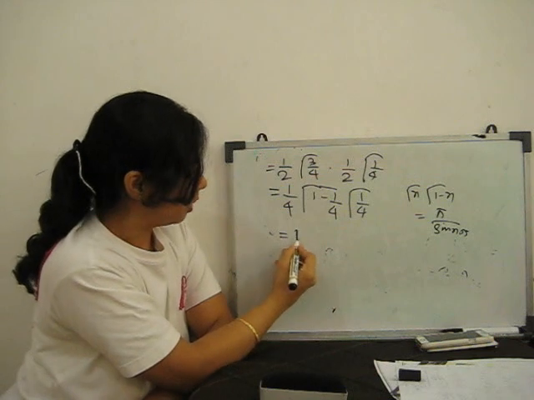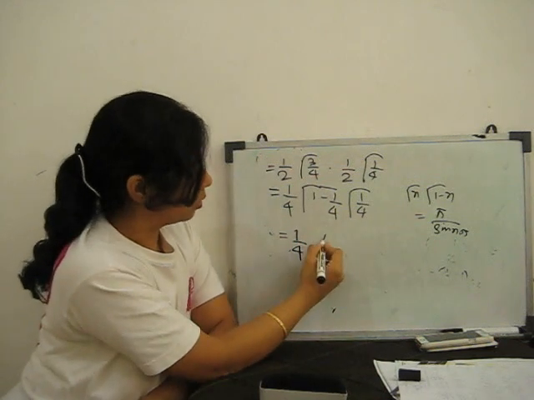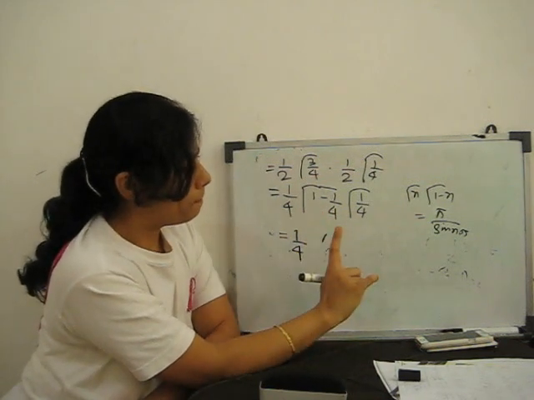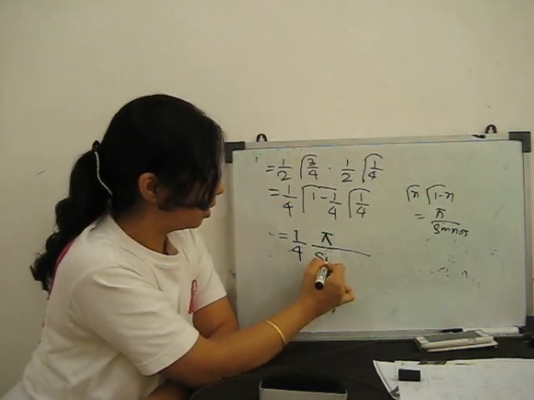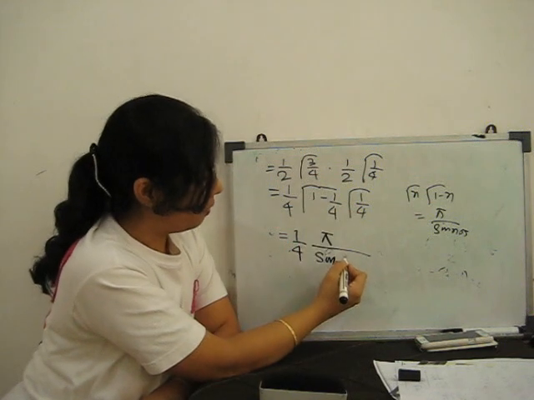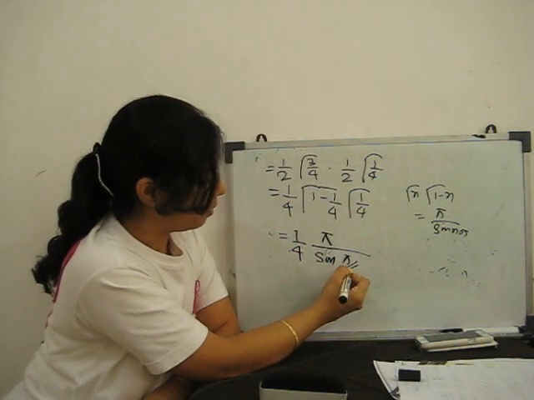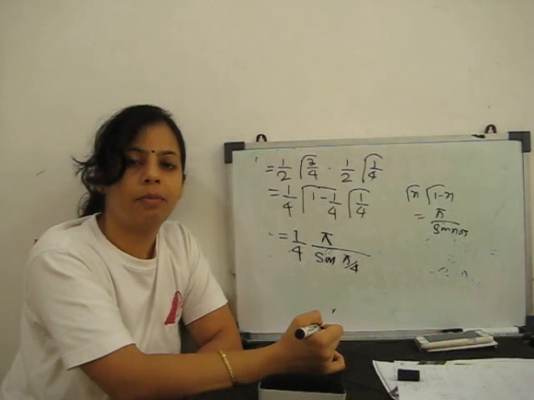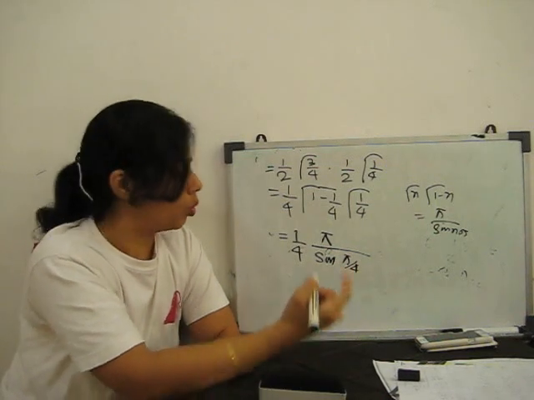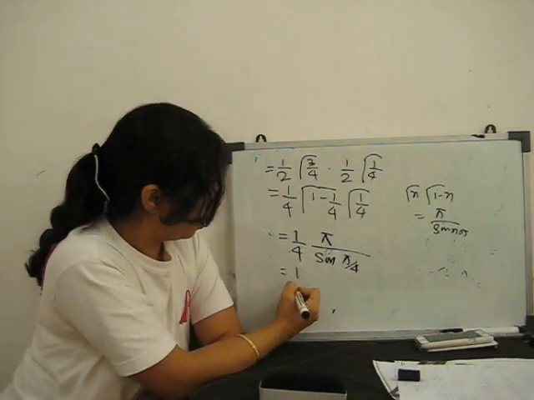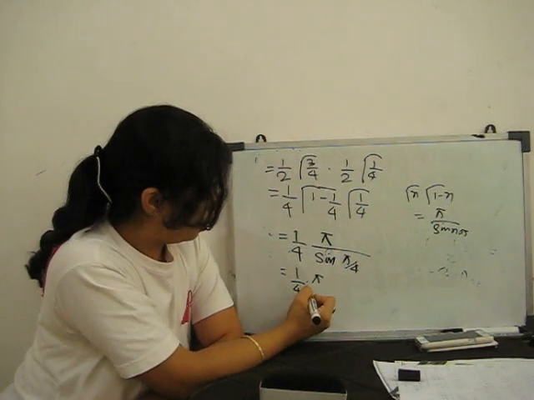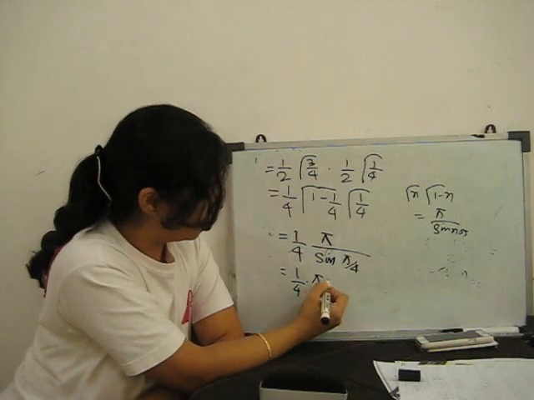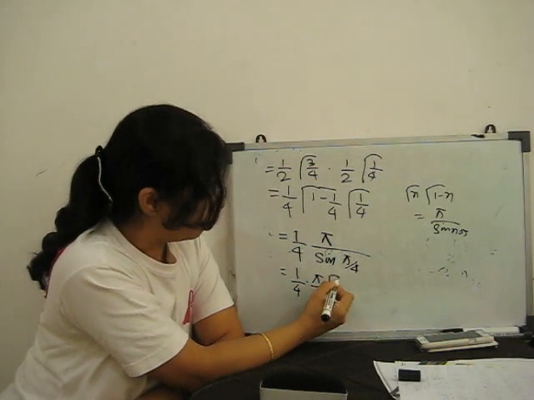So it gives 1 by 4, pi upon sine of n pi, n is 1 by 4 means pi by 4. Sine pi by 4 is 1 by root 2. So we can write 1 by 4 into pi into root 2.